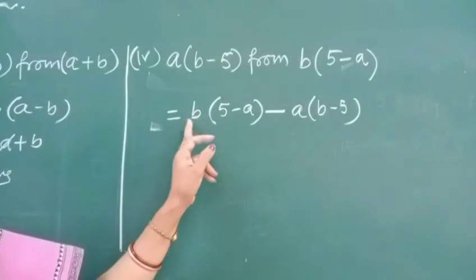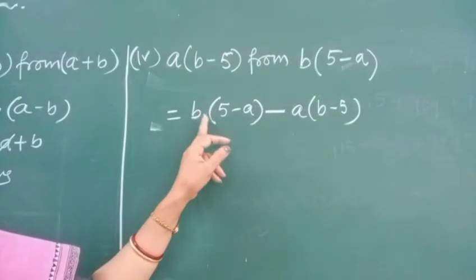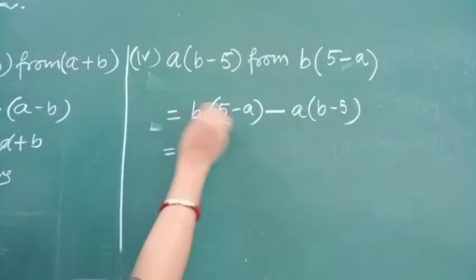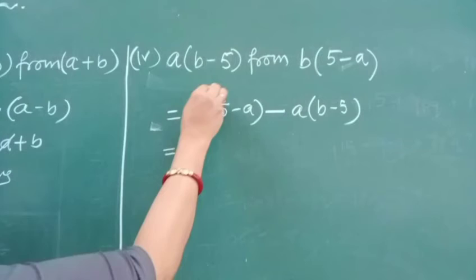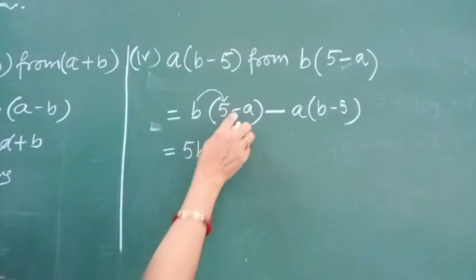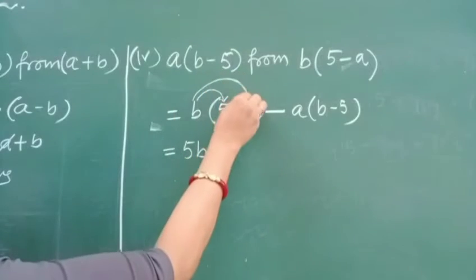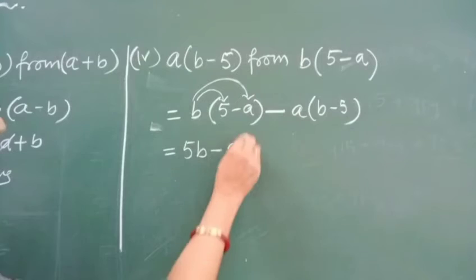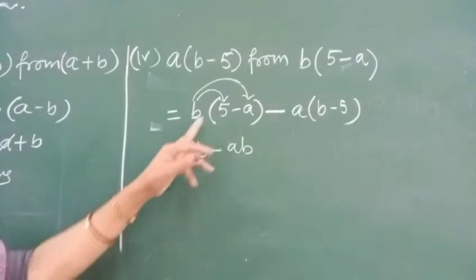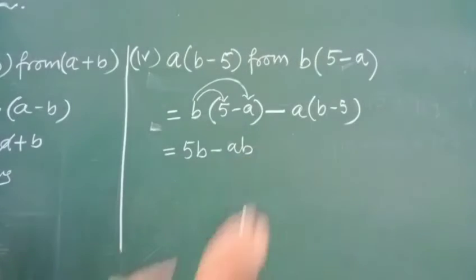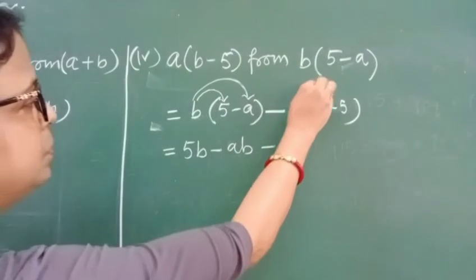As this one is given in multiplication, you have to simplify it first. First you will multiply b into 5, that means 5b, then minus sign, then b into a, alphabetically you need to write ab. So 5b minus ab. Come to this side now, minus, then again you will multiply this.